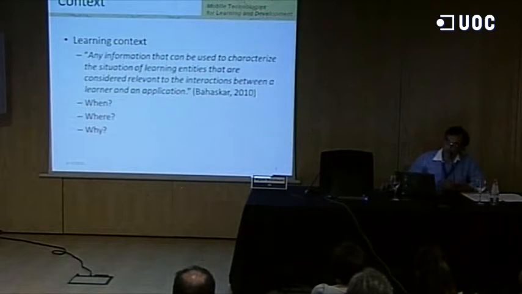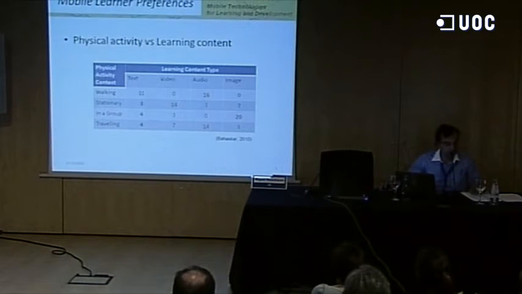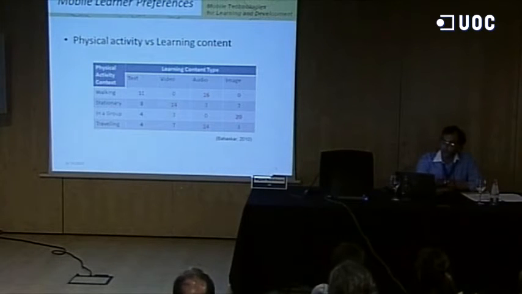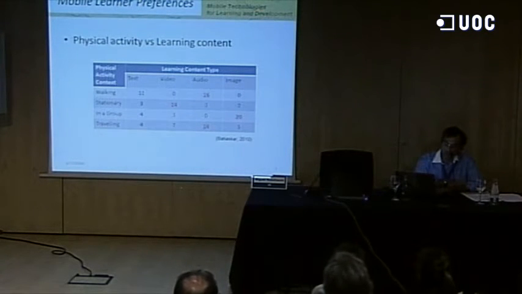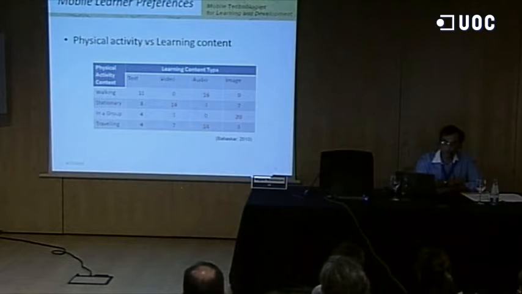Now to see student preference, or youth preference, this data is very, very interesting. This study was conducted by these authors, and they compared the physical activity context versus learning content type. For instance, when students are walking, they prefer audio. When students are stationary, they prefer video and image, and when traveling, audio.